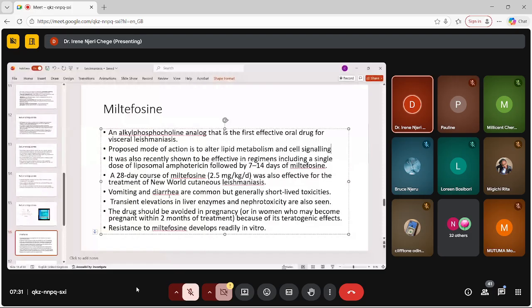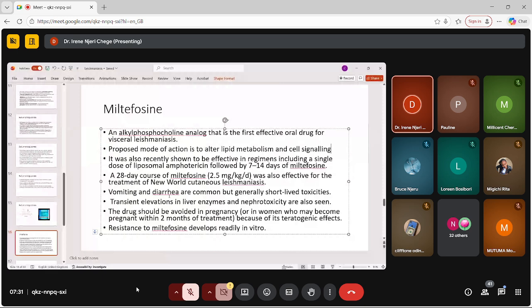In areas where there is anthroponotic transmission, early diagnosis and treatment of human infection can reduce the reservoir and control the disease, because now the sandfly cannot take a blood meal.